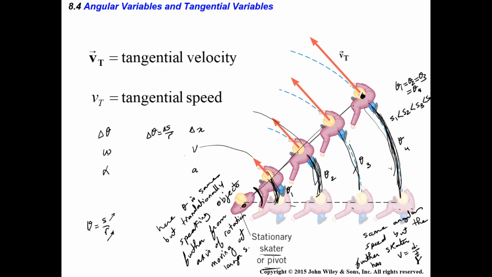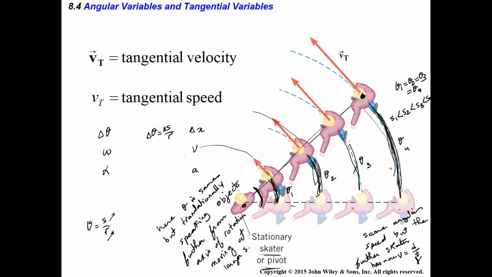He is covering a larger distance, so he has to skate faster. So I will say the further skater has more velocity compared to the rest of the skaters because he has to cover a larger distance.